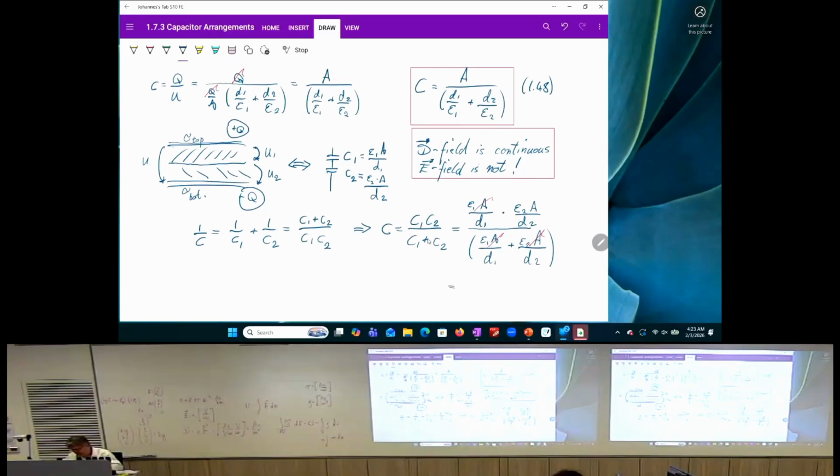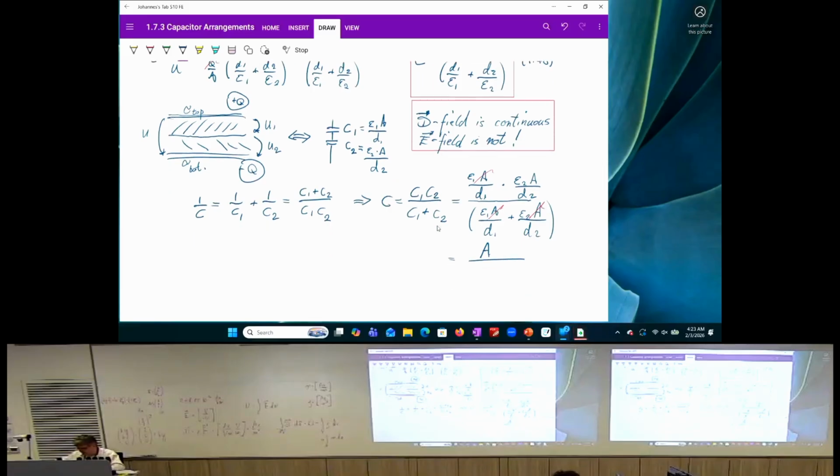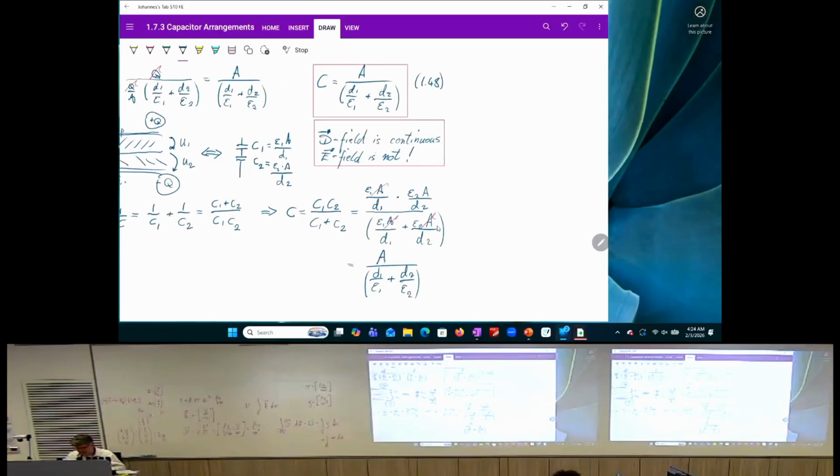And what remains then here is one A. So we divide that by epsilon 1 times epsilon 2 and multiply it by d1 and d2 in the numerator and denominator. And then we get d1 over epsilon 1 plus d2 over epsilon 2. So this is our formula that we obtain by connecting these two capacitors in series.